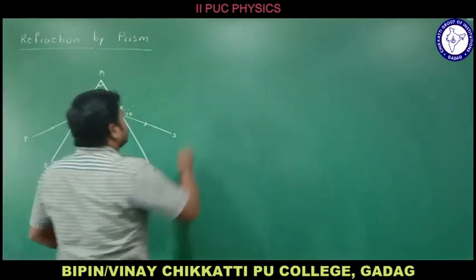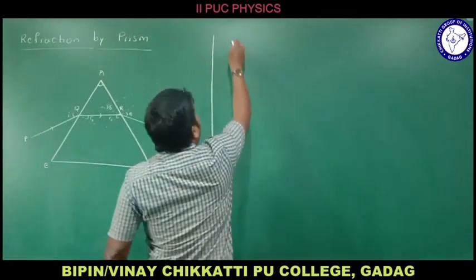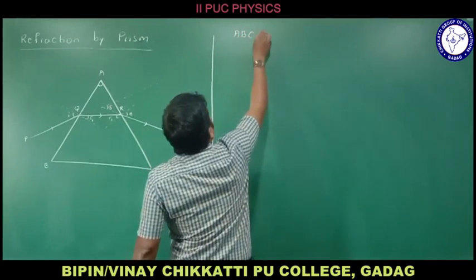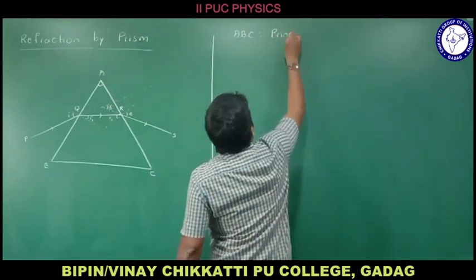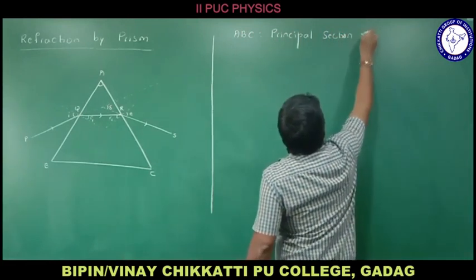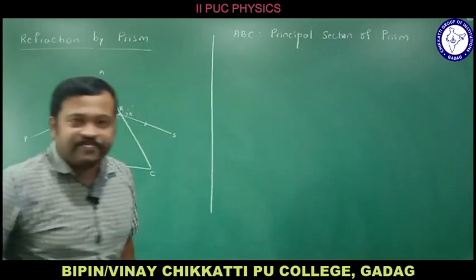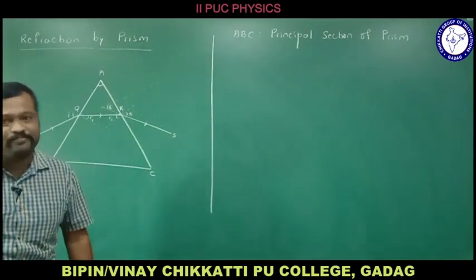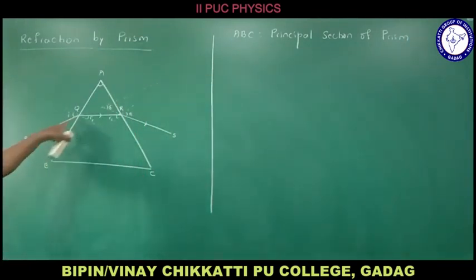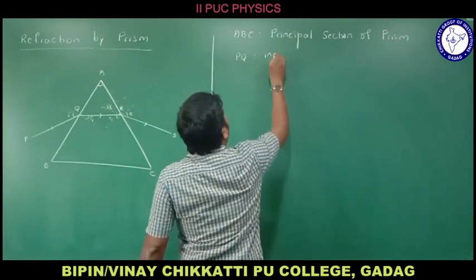Let us start with the derivation now. Here, ABC is the principal section of prism. Let me tell you what we have drawn here. PQ is the incident ray.